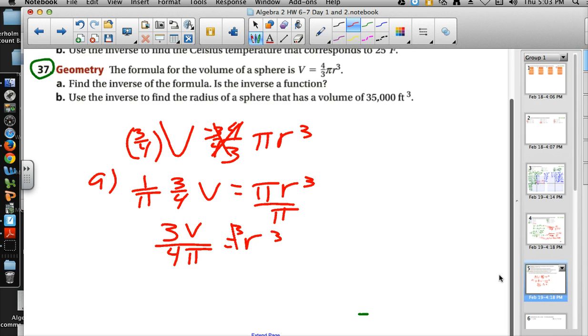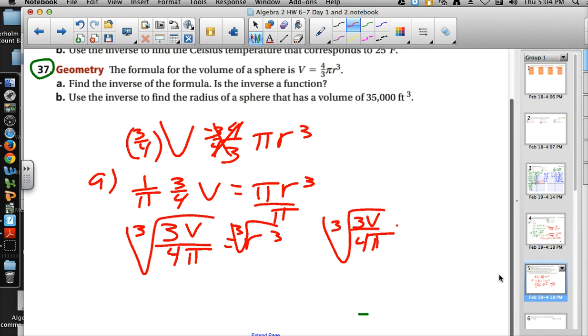And last but not least, I need that little cubed root. The only good thing about that is I don't need the plus or minus. So cubed root of 3v over 4 pi equals r. There it is. B says use that inverse to find the radius of a sphere that has a volume of 35,000 cubic feet.